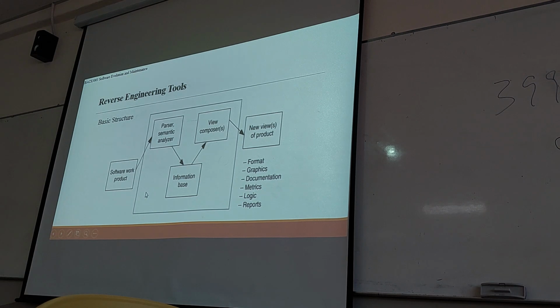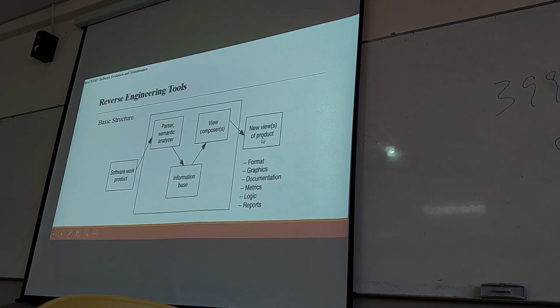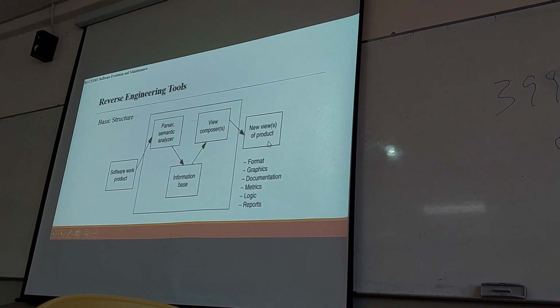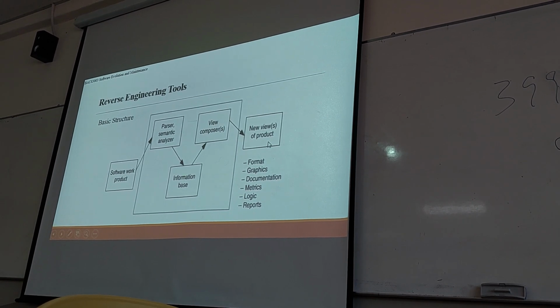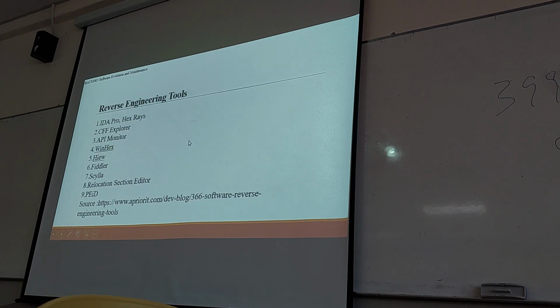Based on the information, they compare and work out what the meaning is, and then it goes to the view composer, which generates the necessary representation and displays it to the developer. So this is the basic structure of the reverse engineering tools, and these are examples of reverse engineering tools.